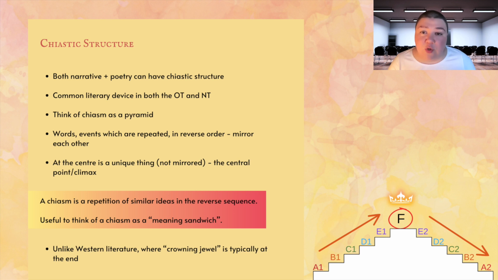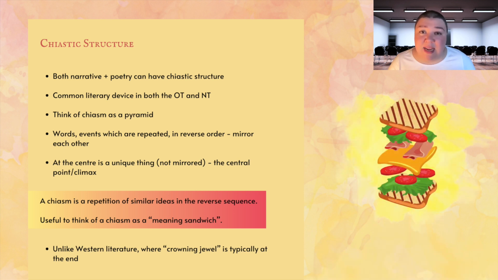Another way to refer to a chiasm is a meaning sandwich, because as we said, the outer parts are sandwiching the main point. Now, we're not too used to this in Western literature. Typically, it is at the conclusion, at the end of something, that we find the crowning jewel, the bottom line, and the finale, but not so in Hebrew literature.